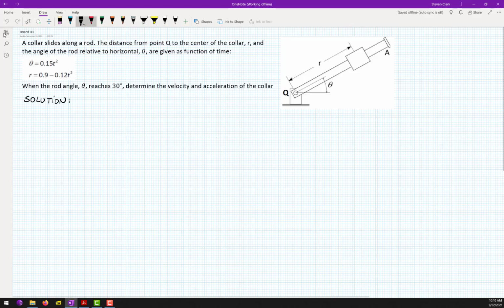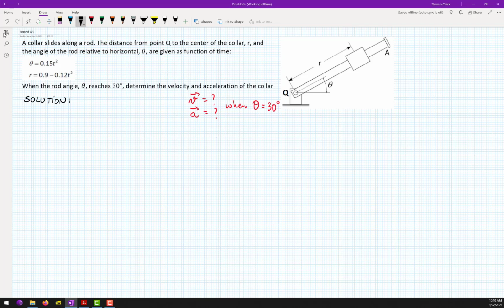Alrighty, so they just would like us to find velocity vector and acceleration vector when theta is 30 degrees. This is our task.